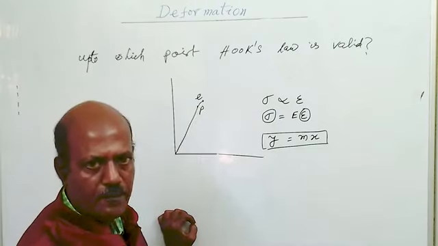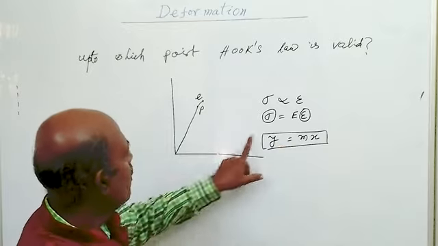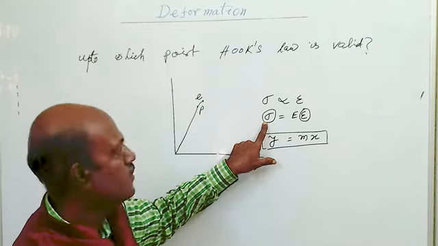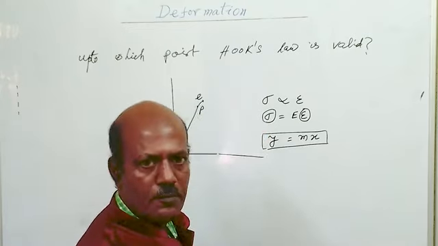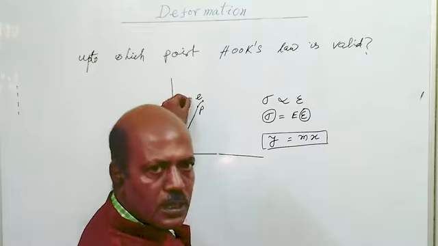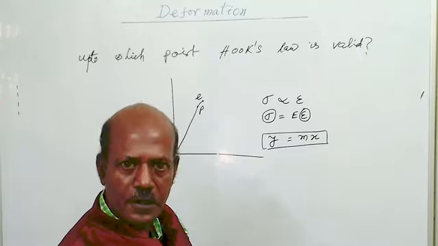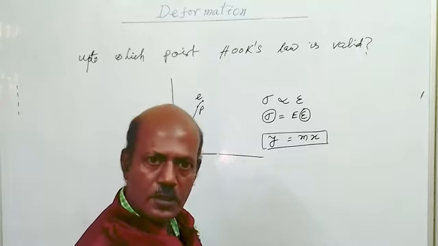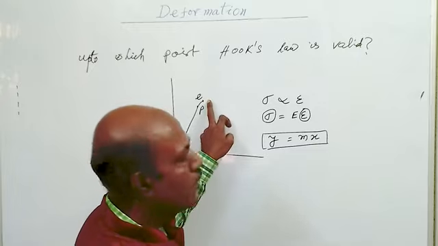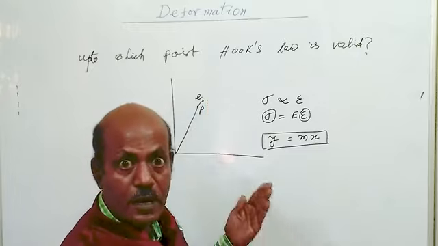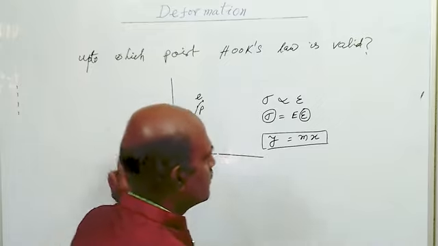So only in the straight line portion is Hooke's law valid. In books sometimes it is written within the elastic limit, and that is also a correct answer, and up to point P, the proportional limit, Hooke's law is valid, that is the correct answer. But if you write that Hooke's law is valid up to the elastic limit, then your answer is wrong.